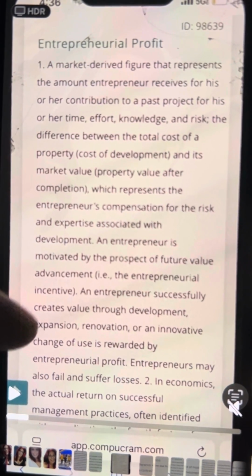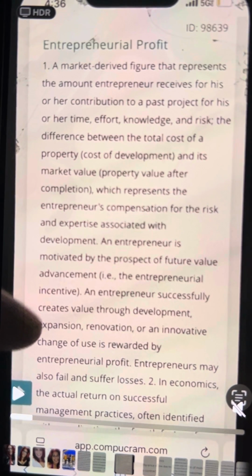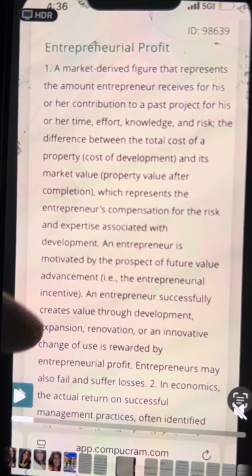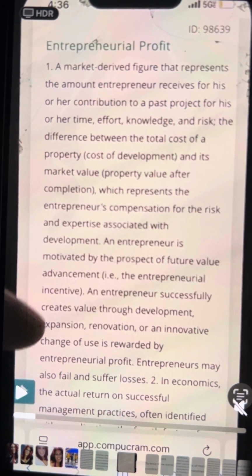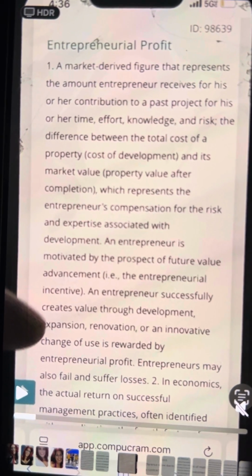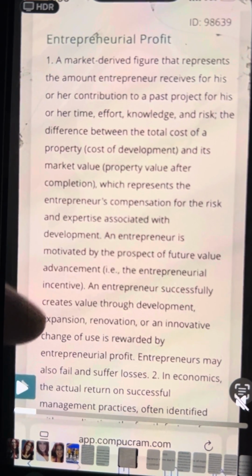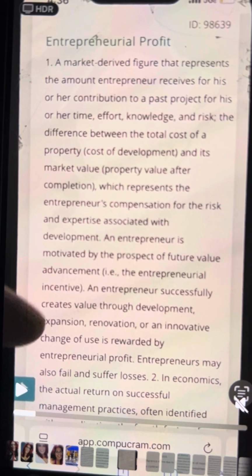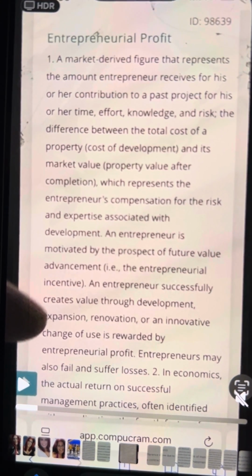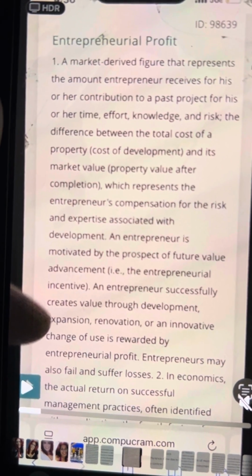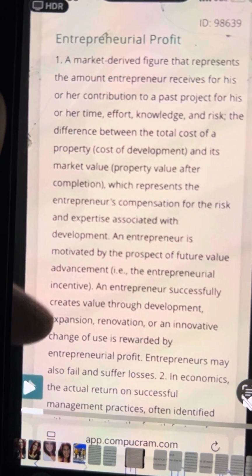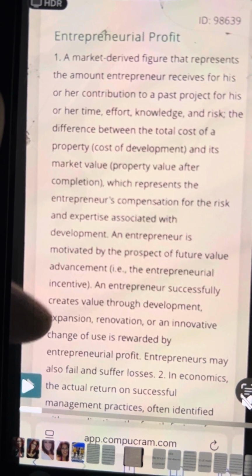The difference between the total cost of a property, which means cost of development, and its market value, which means property value after completion, which represents the entrepreneur's compensation for the risk and expertise associated with development.